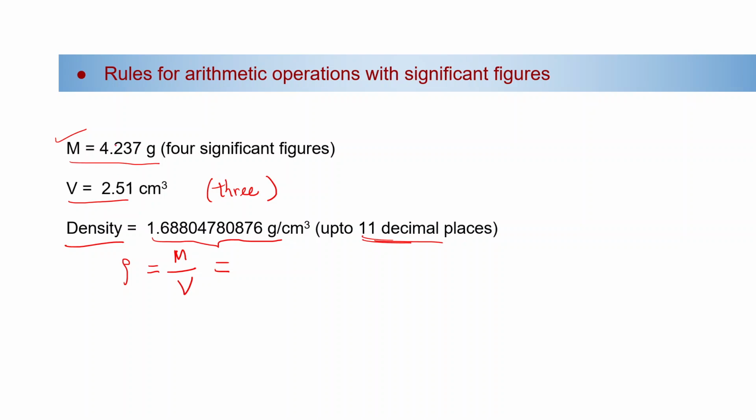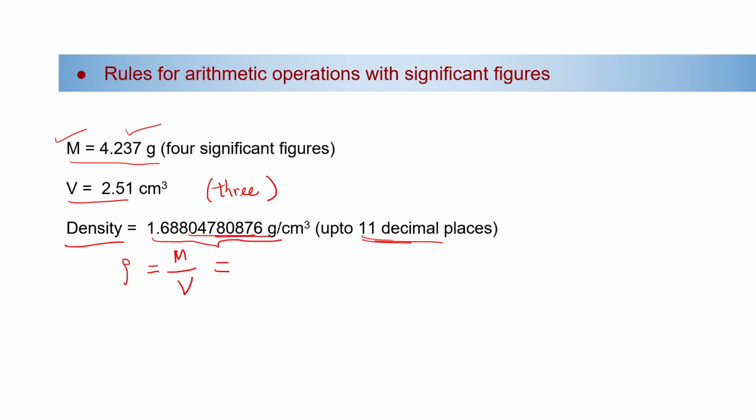As I said, the equipment that we used to measure this mass had a least count or resolution of up to 3 decimal digits. For volume, the equipment we used had a least count or resolution of up to the second decimal digit. So our final answer cannot have this much resolution.